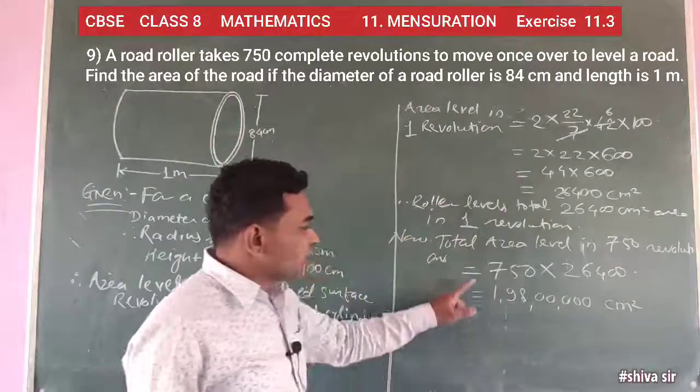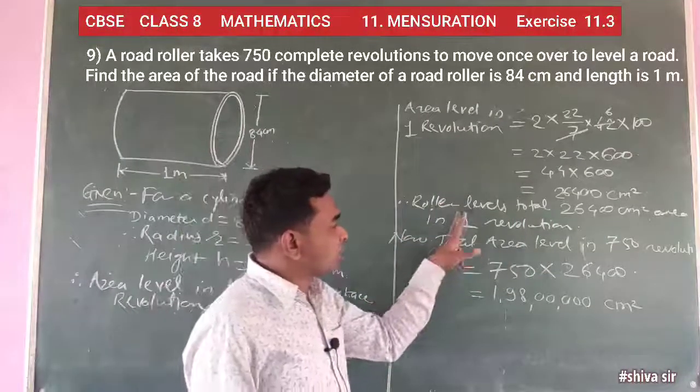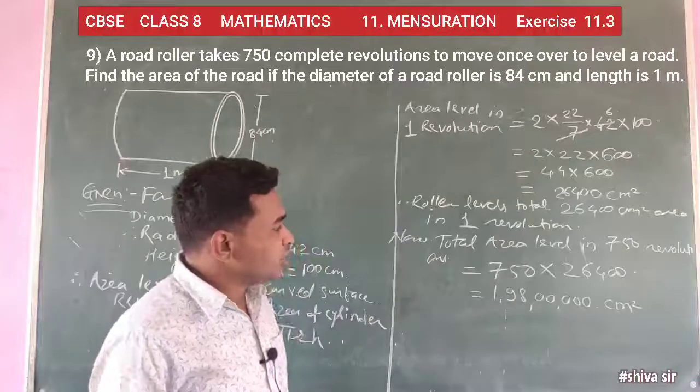That is the total area leveled by the road roller in 750 revolutions.